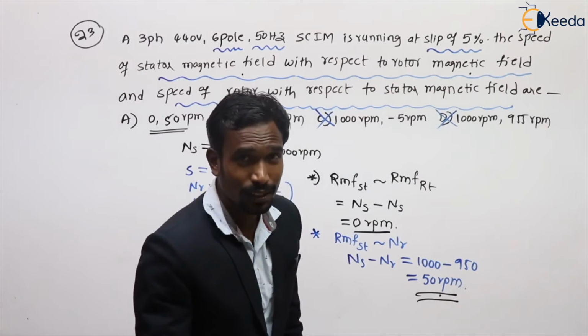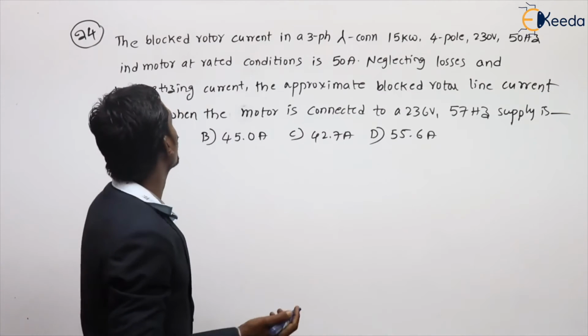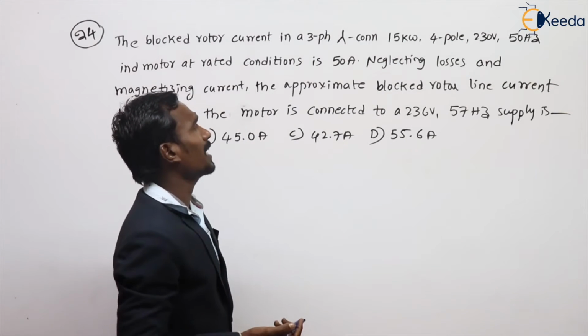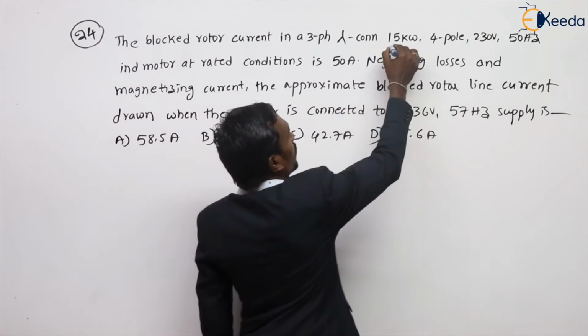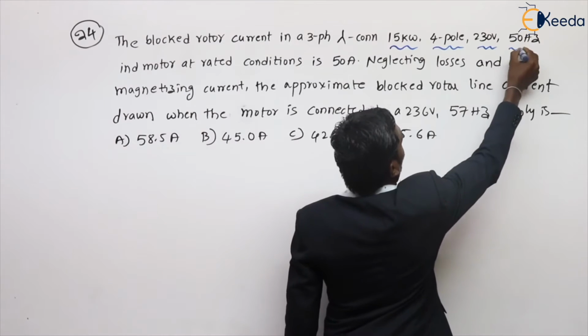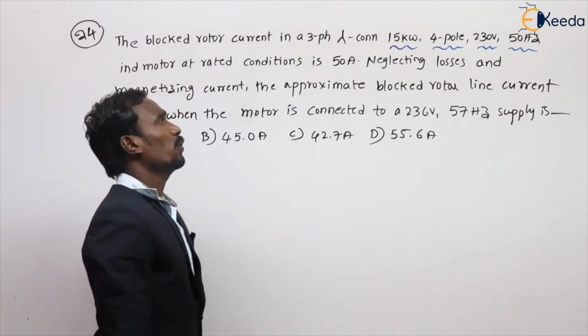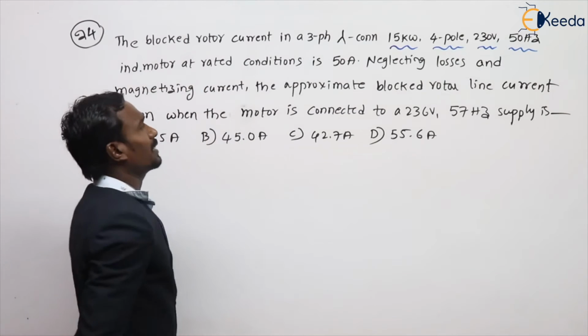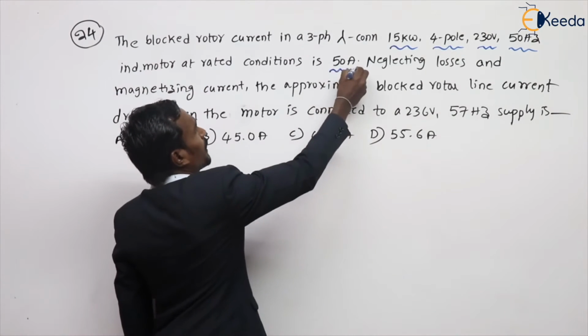Right? Understood? Listen carefully. The blocked rotor current in a 3-phase star connected 15 kilowatt, 4-pole, 230 volts, 50 Hz induction motor at rated condition is 50 amperes.